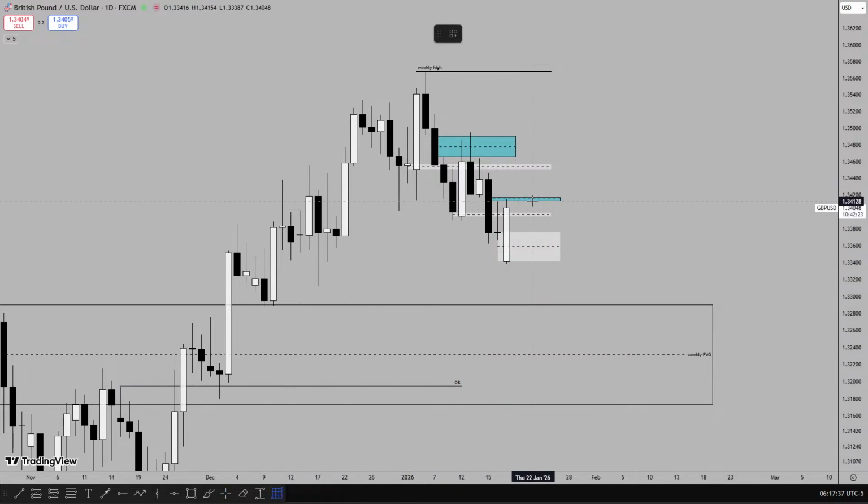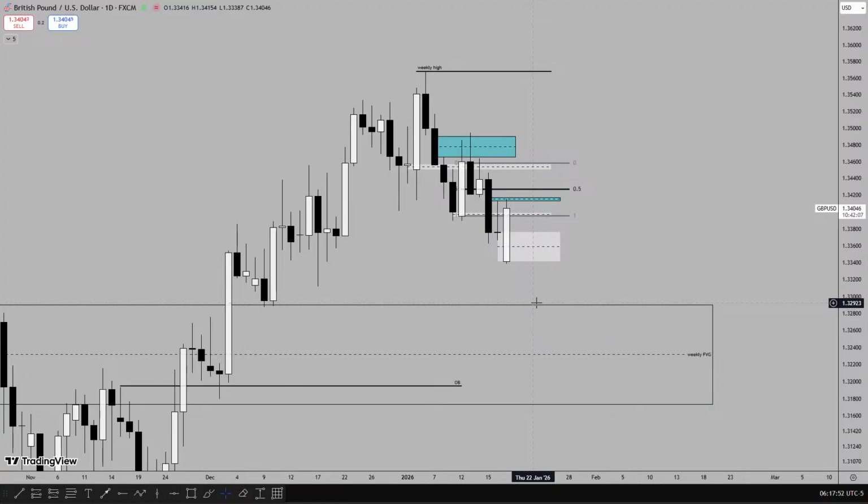Now there's a fair value gap, but it's not much of a fair value gap, but we'll talk about the order block. As long as price is below the 0.5 level, I will be anticipating lower prices.